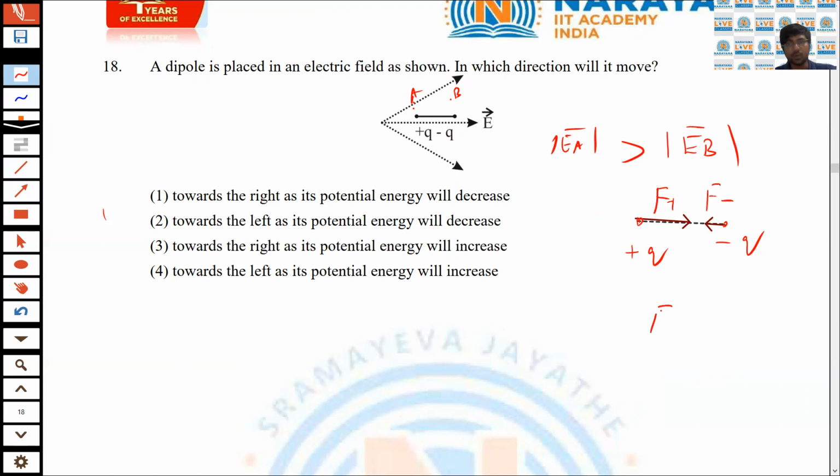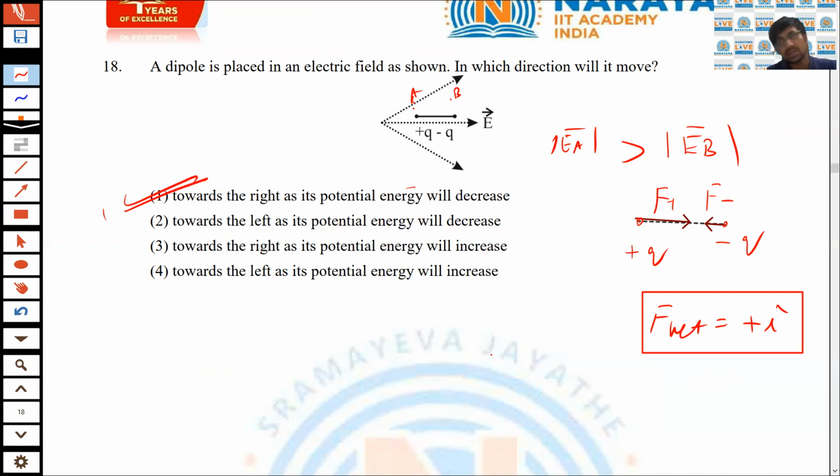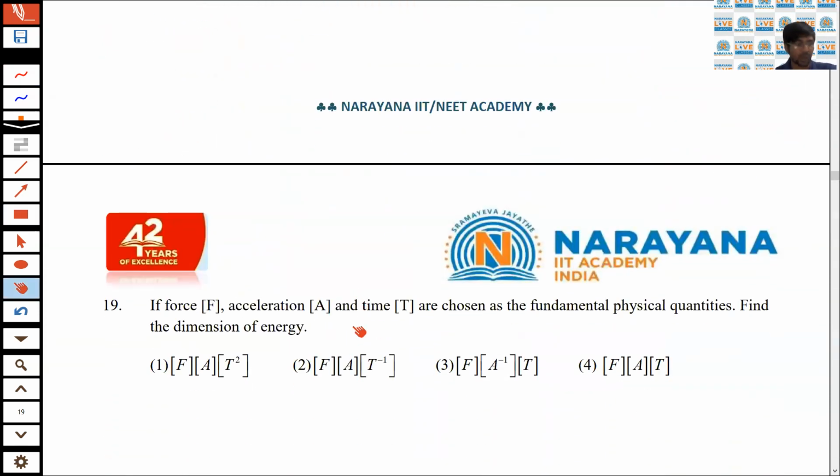So the net force is towards the right. Okay. The correct option for this is towards the right, and its potential energy decreases. See, the potential energy decreases because the dipole is moving in the direction of the electric field, and we know that potential decreases in the direction of the electric field. That is why option 1 is the correct option.